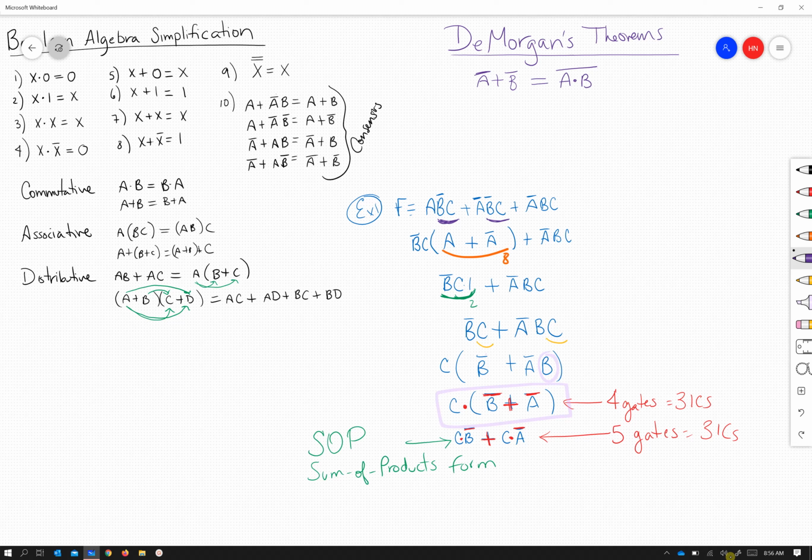So basically, instead of using individual inverters at the input of the gates, you can put one inverter at the output, but you have to change the logic from AND to OR or vice versa. If you have an inverter on a signal and an inverter on another signal, and then you AND them, that's the same thing as ORing the signals and then putting the inverter after.